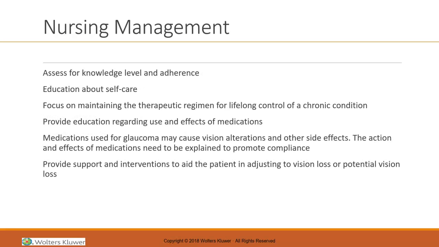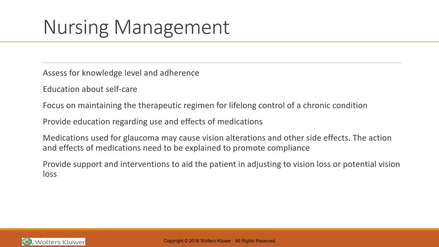So what about for us nurses? We need to assess for knowledge level and adherence to the plan of care, because if they're not able to understand the importance of their medications, specifically how to take their medications and when to take their medications, they're going to have increasing symptoms and a poor outcome. So education is important, that this is a chronic condition, so they're going to need to get on board and stay on board.